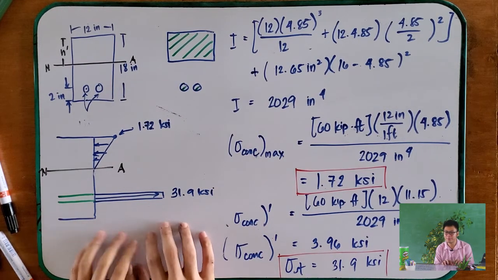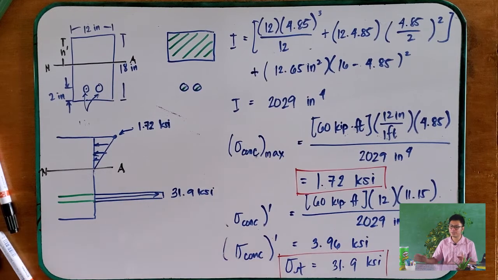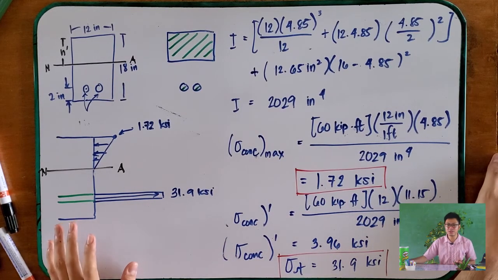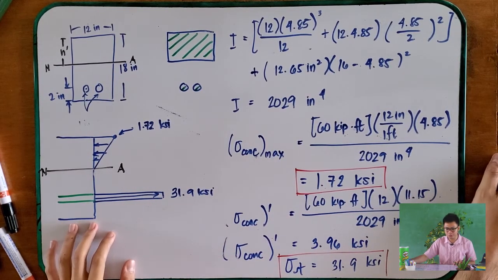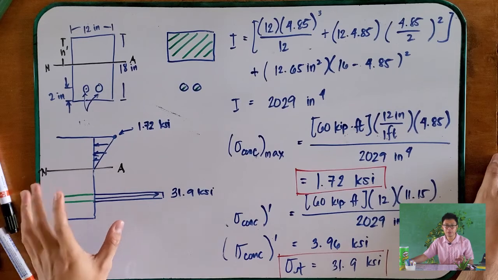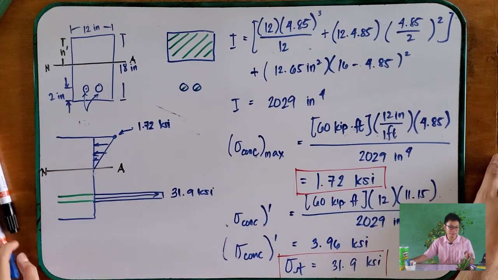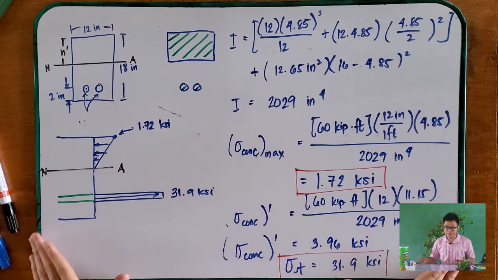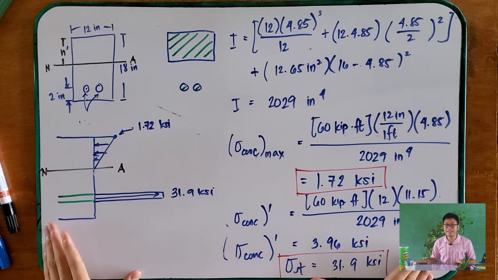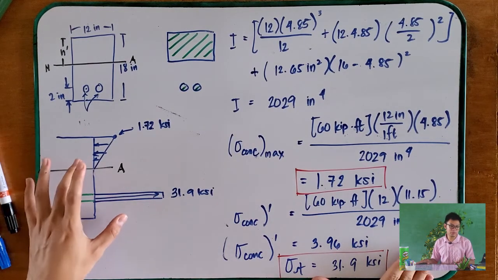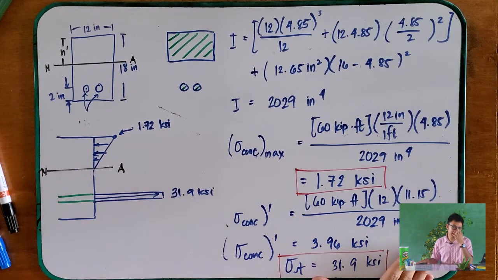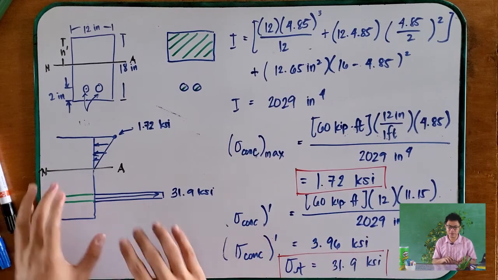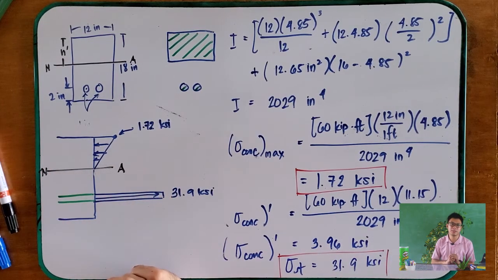It is probably easy, but if you have questions or are still confused, it's good to practice and read references. That is how easy it is to solve composite beams, especially reinforced concrete beams.